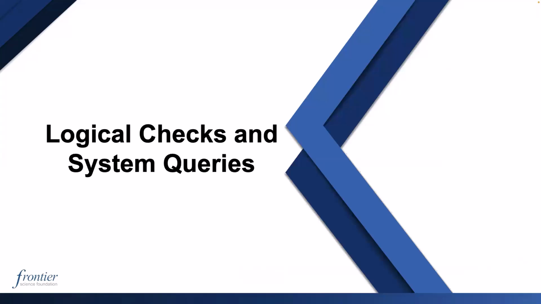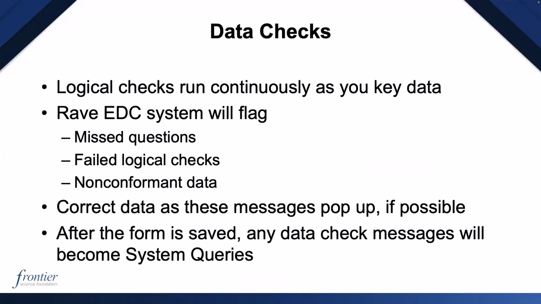Okay, next we're going to look at some logical checks and system queries that are built into the forms in Rave EDC. And this will go into a little bit more detail than our previous presentation. So logical checks and other data checks run continuously as you key your data into the forms in Rave EDC, and the system will flag missed questions, failed logical checks, and non-conformant data.